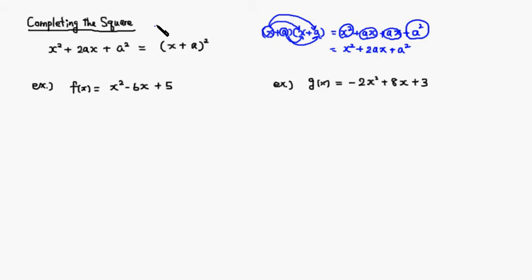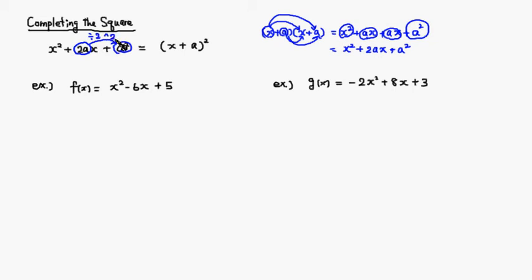A couple of things we need to notice: the relationship between this number right here, 2a, and a squared. So a squared is the square of 1/2 of 2a. If you want to go from the coefficient of x to the constant term, all you have to do is divide by 2, then square it.